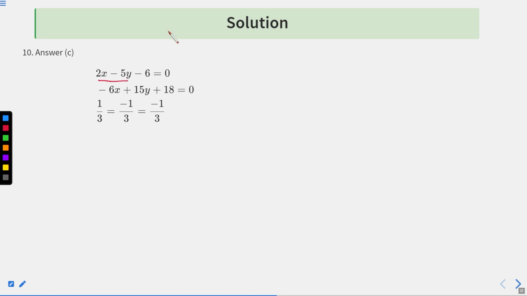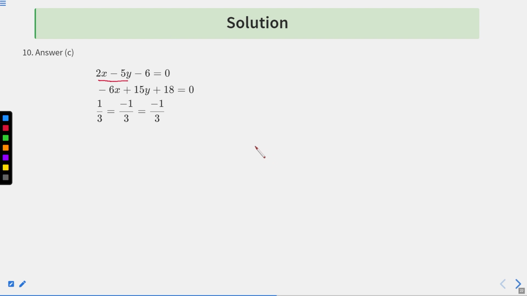Okay, and here if we compare these equations with the general form of the pair of linear equations, a1x plus b1y plus c1 is equal to 0, and a2x plus b2y plus c2 is equal to 0, then we'll get the values of a1, b1 and c1, a2, b2 and c2. Then the ratios a1 by a2 is equal to 1 by 3, b1 by b2 is equal to minus 1 by 3, and c1 by c2 is equal to minus 1 by 3.